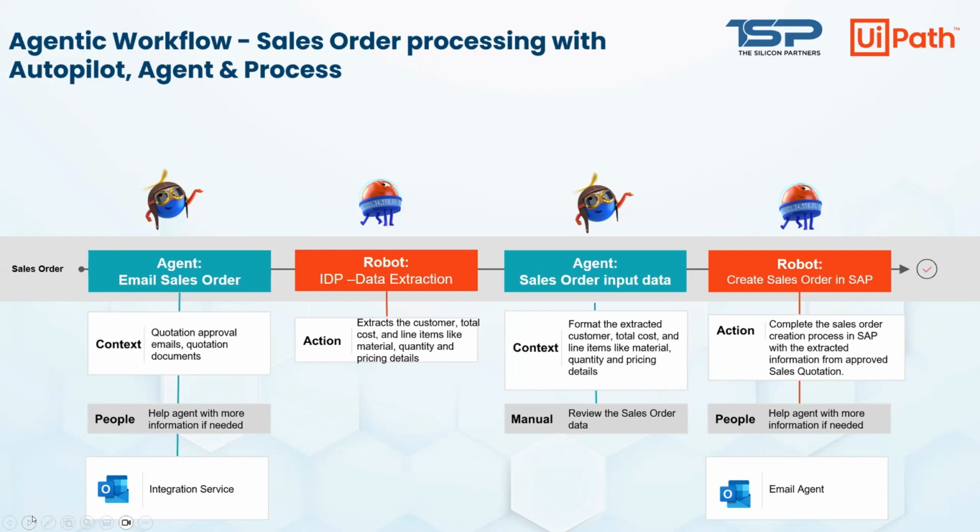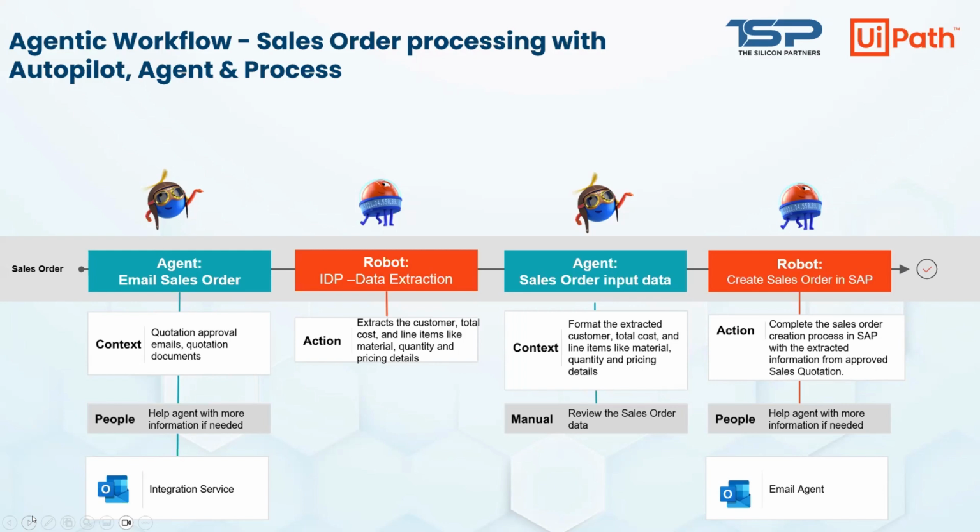But in this design, what we are showing is how the agent and robot again work together to start the process by looking at your email and understanding which approval quotations I have received for Salesforce for a sales order, and then approving those quotations.